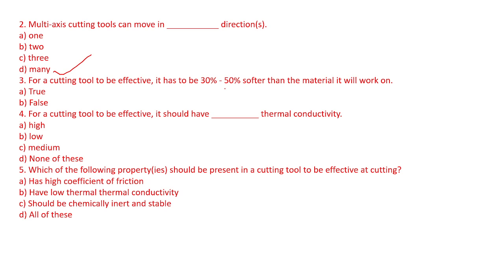So it should be 30 to 50% harder than the material it will work on, right? So the right option would be option B. For a cutting tool to be effective, it should obviously have high thermal conductivity. So the right option is A.